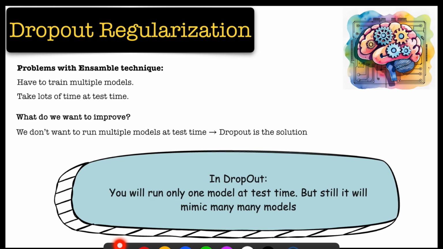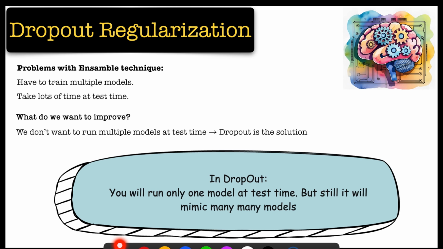There are a few problems with the ensemble technique. We have to train multiple models and then at test time also we have to test on multiple models. So it takes lots of time at test time. If training takes more time, that is still okay because we are doing the training once, but we'll test new data multiple times again and again, right?